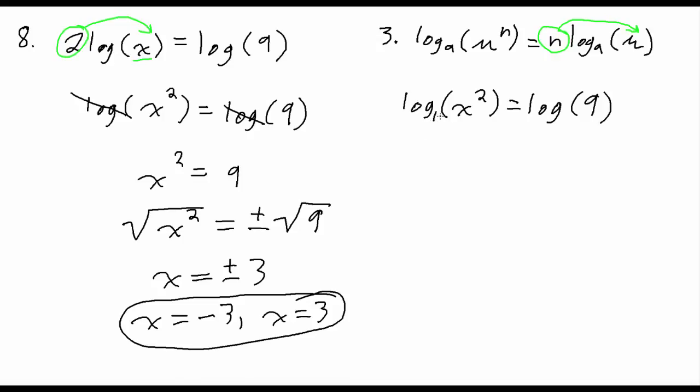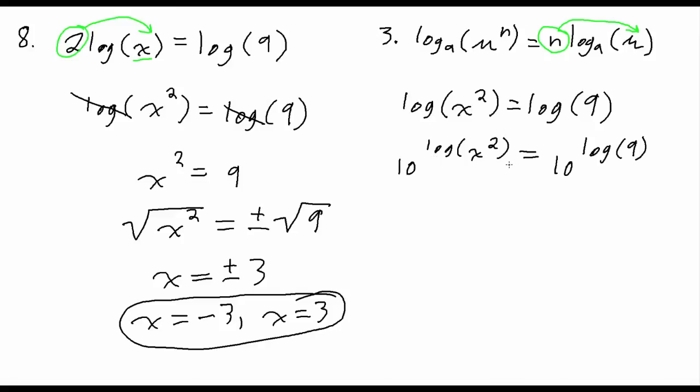And because there is an imaginary 10 down here, we're going to exponentiate both sides so that 10 is the base of the log x squared power, and 10 is the base of the log of 9 power.